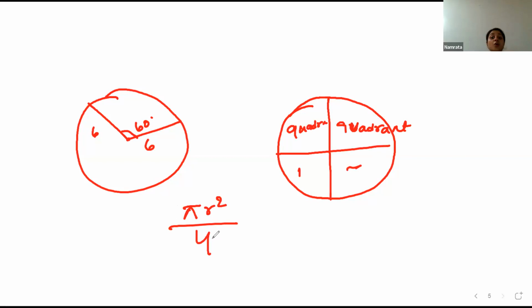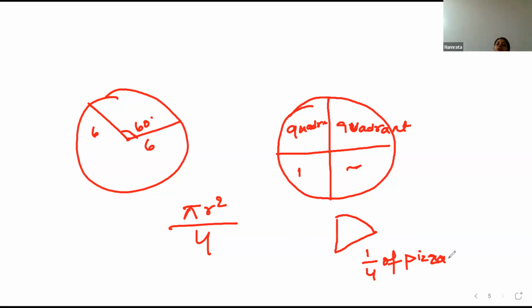How we say? We need the quarter piece of pizza, right? That means this much pizza we need. 1/4 of a pizza we need. Similarly, we have to find the area of the quadrant of a circle.